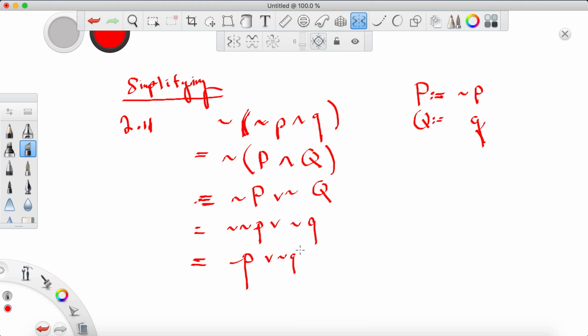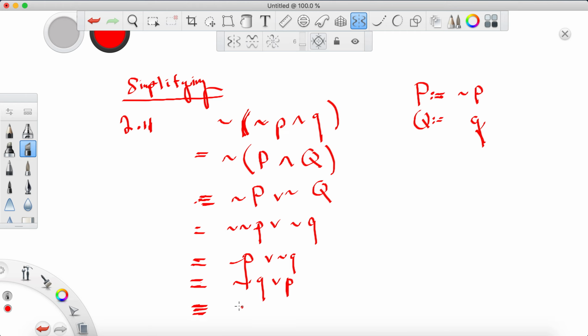And what about, well, what else is that equal to? Okay, so you don't recognize anything like this, right? But okay, here's a silly step. We're just going to swap the order, right? Because we can certainly swap that, right? P or not Q is just not Q or P. But this is just equal to, right?